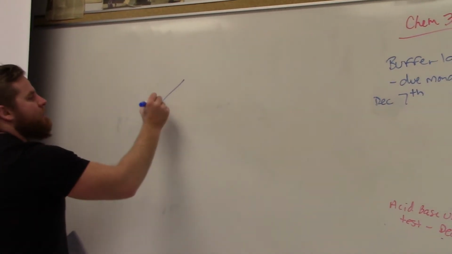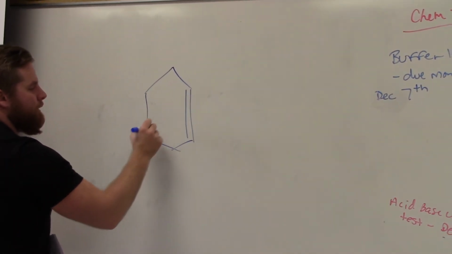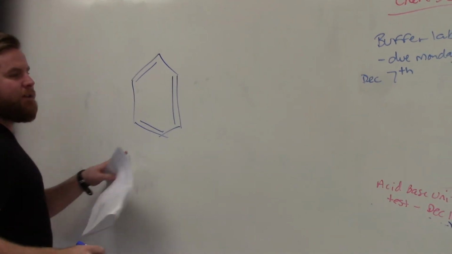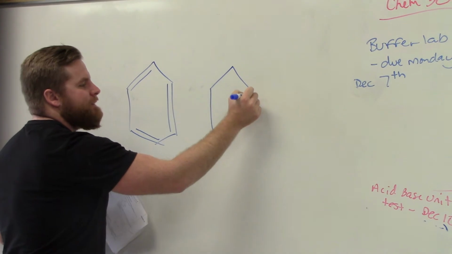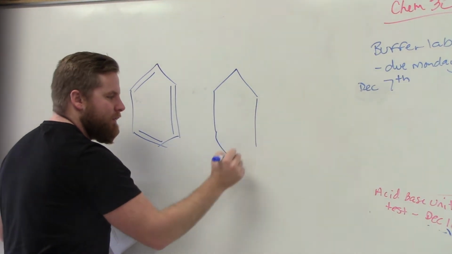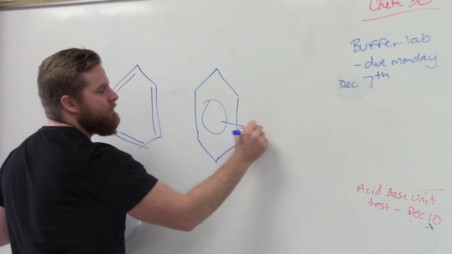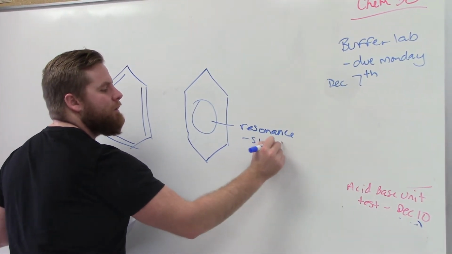Okay, so when I see benzene, you're going to see it like this. You'll see it with alternating double and single bonds. That's kind of like the line structural formula, but benzene is actually best represented like this. And this shows resonance because this shows sharing of electrons.